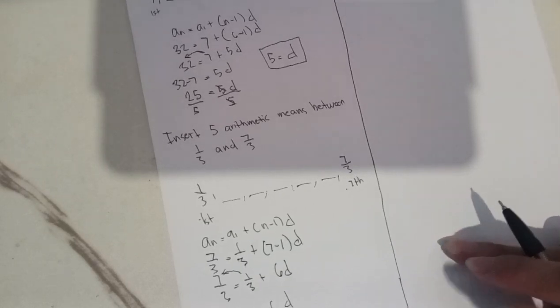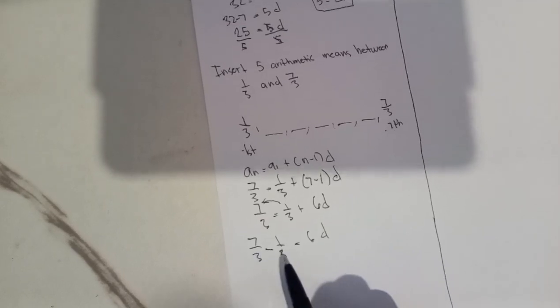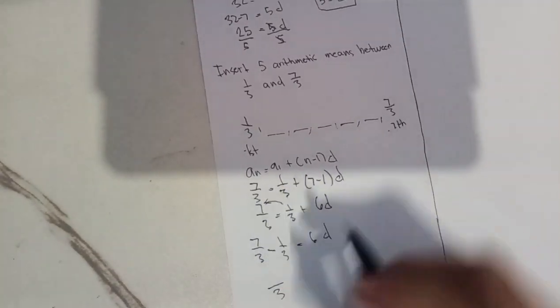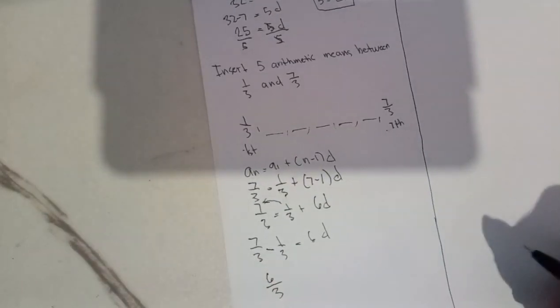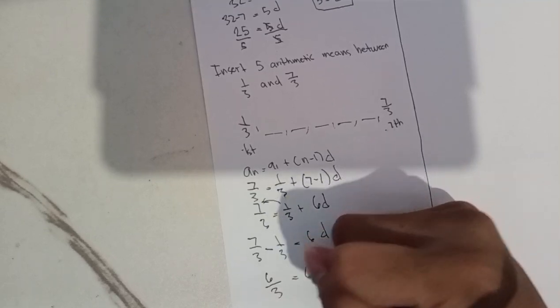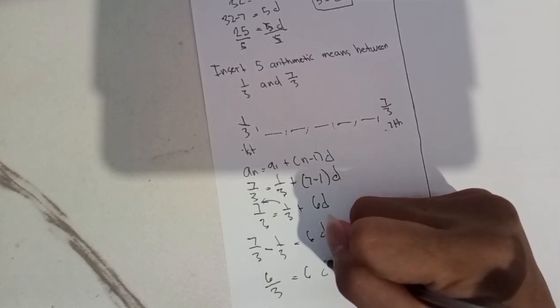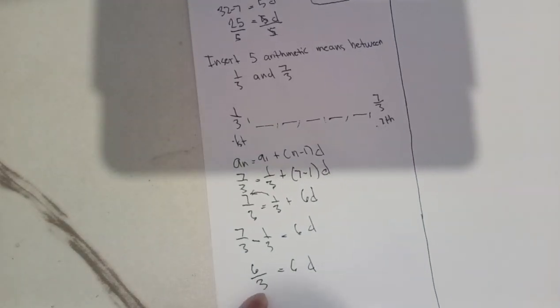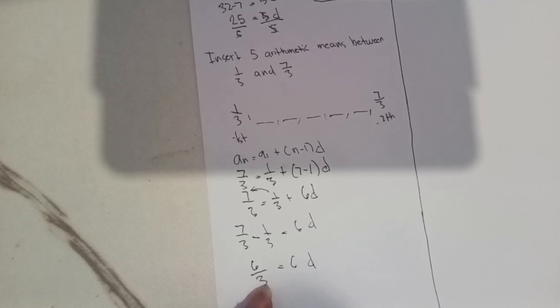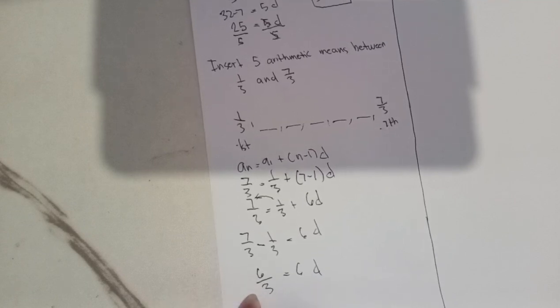So, same denominator. Okay? Same denominator, which is 3. So, copy. Then, 7 minus 1, that is 6, is equal to 6d. Now, 6/3 can be written as a whole number, and that value is 2.